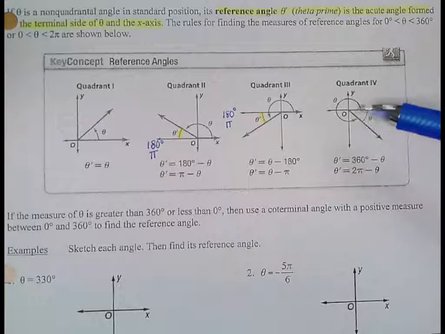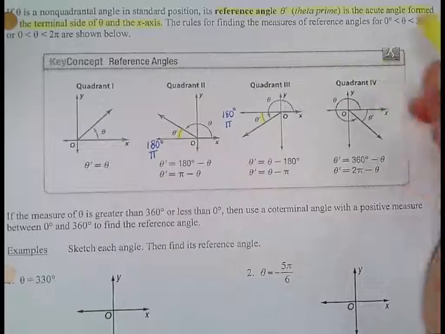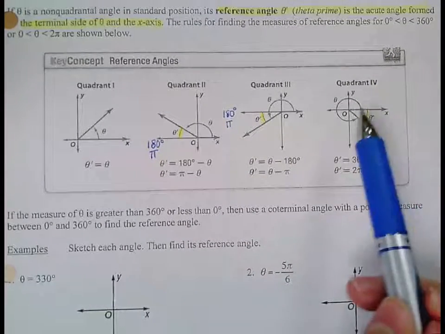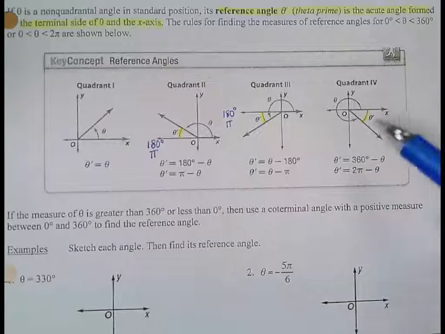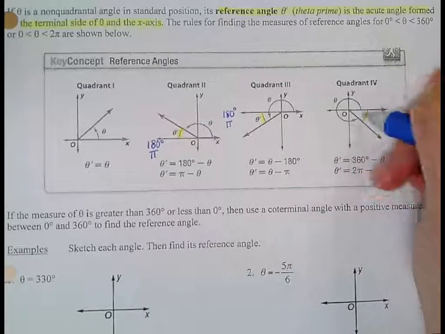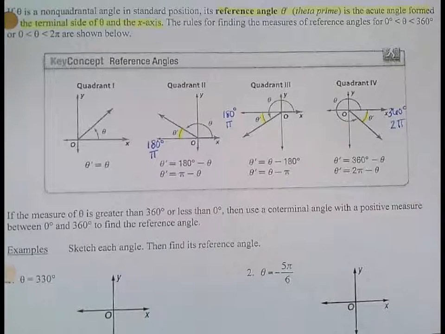And then if your terminal side is in quadrant 4, your reference angle is between that terminal side and the positive x-axis, and that would be 1 revolution, so 360 degrees or 2 pi if you're in radians.